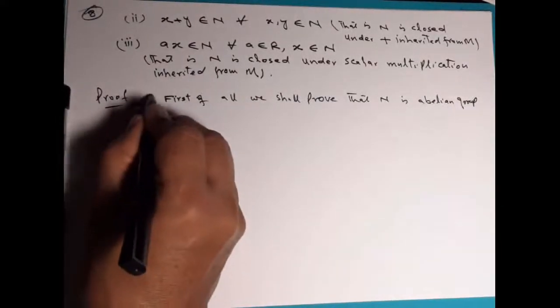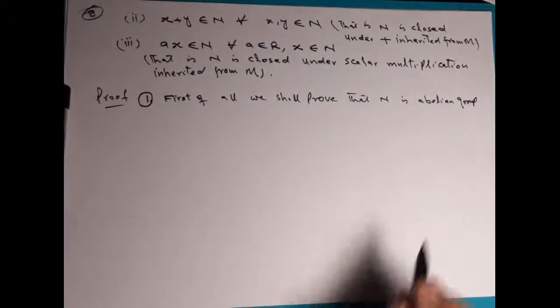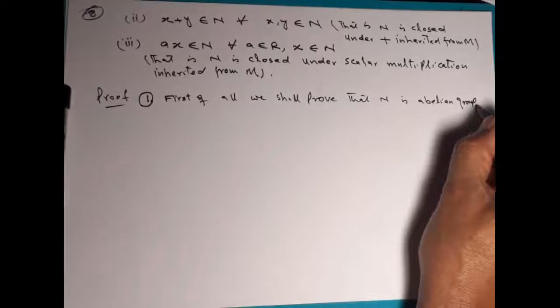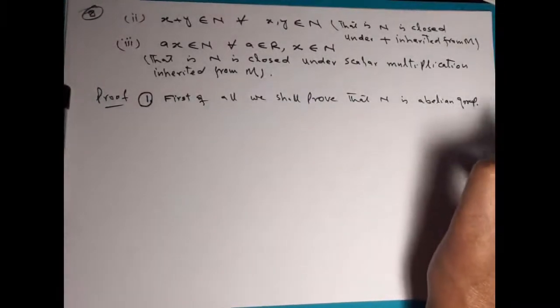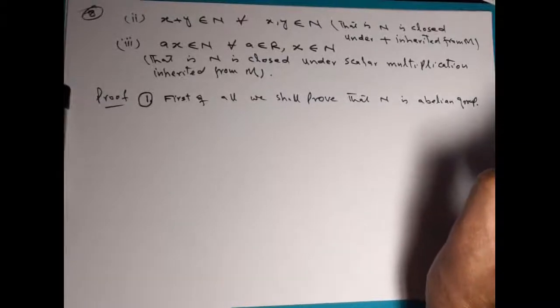Let me write it in this way. We should prove that N is an abelian group. In order to prove that, we have to show that N is closed under addition, and this is given.